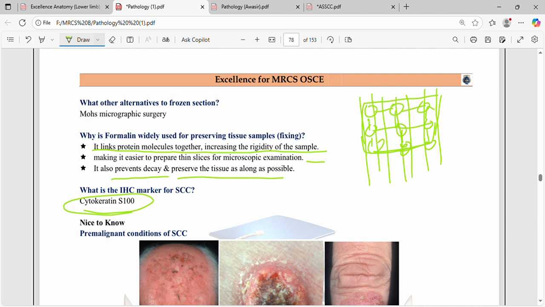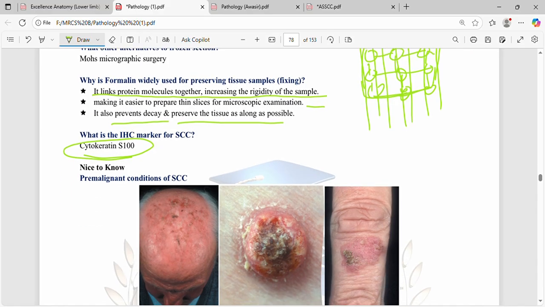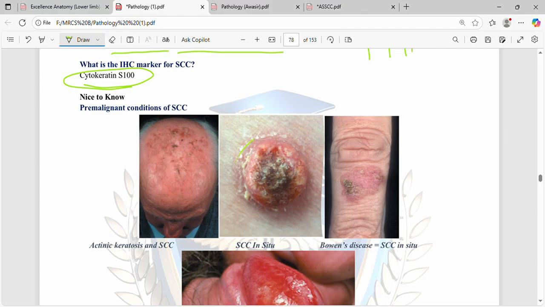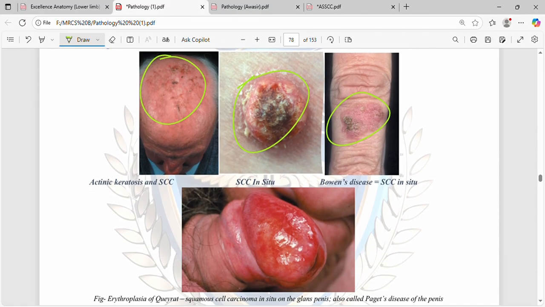Nice to know. For example, these are pre-malignant conditions of squamous cell carcinoma. These are the pictures we have shown of how this looks. This is actinic keratosis and squamous cell carcinoma in situ, which is Bowen disease.